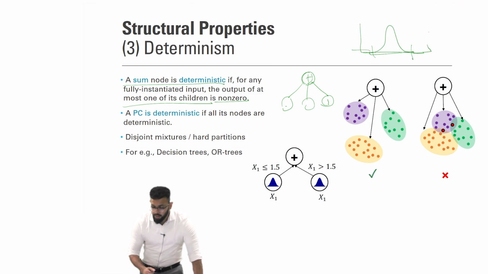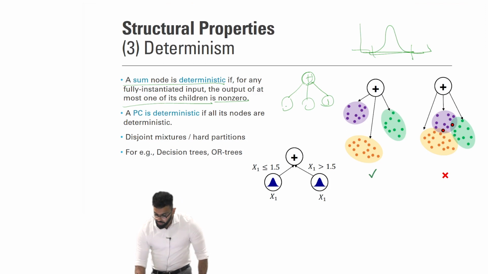So for a sum node, you look at the distributions corresponding to its children. And if they are overlapping, let's say in this case you have some overlap here, then for any data point here, the output of both of these children would be non-zero, which means it is not deterministic.